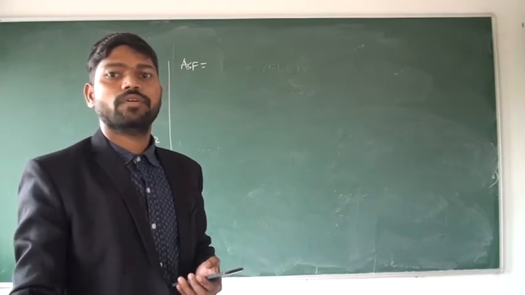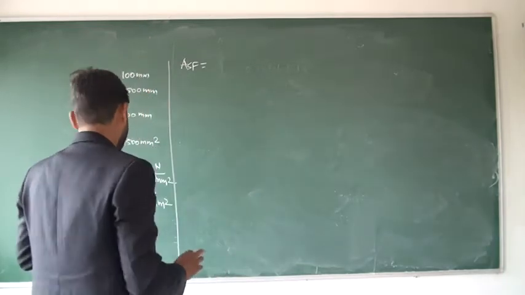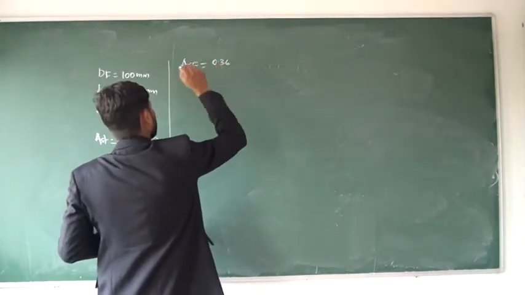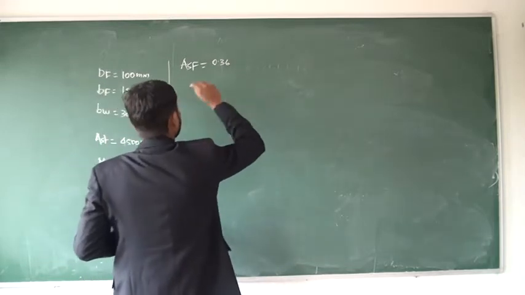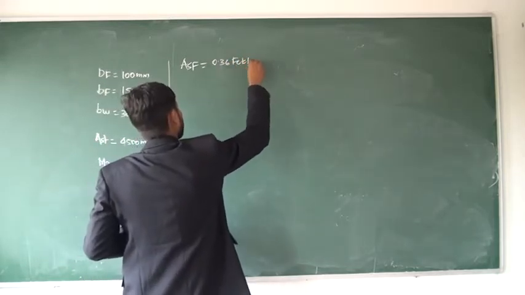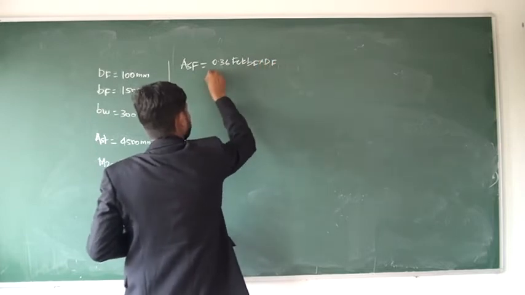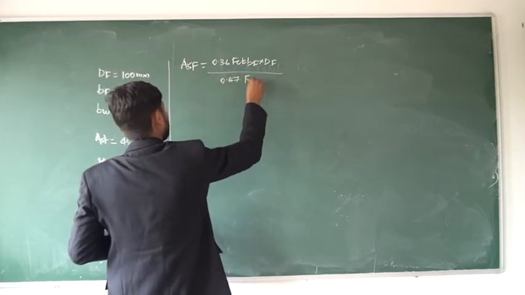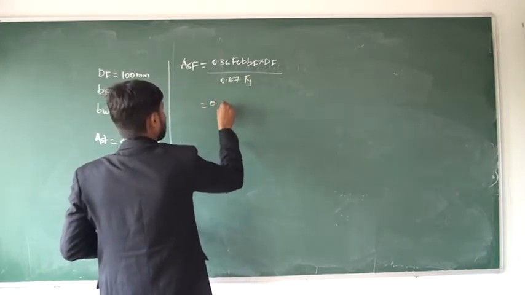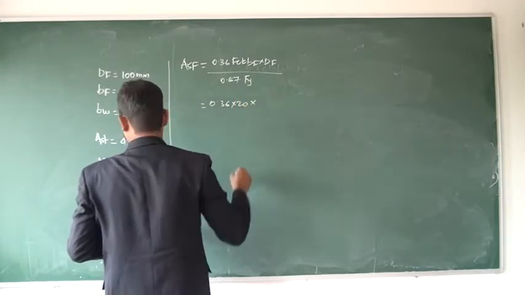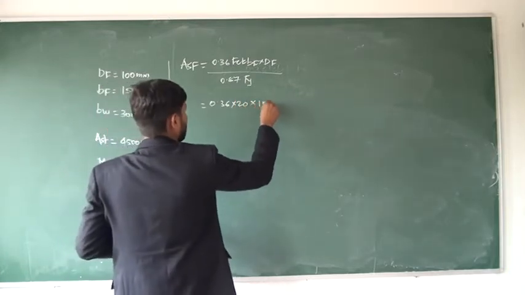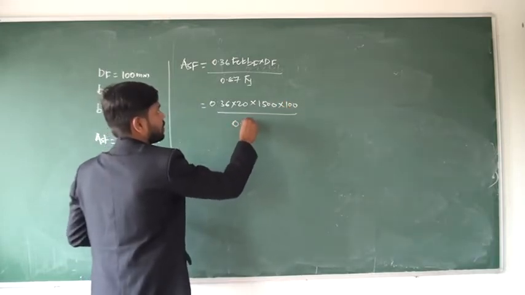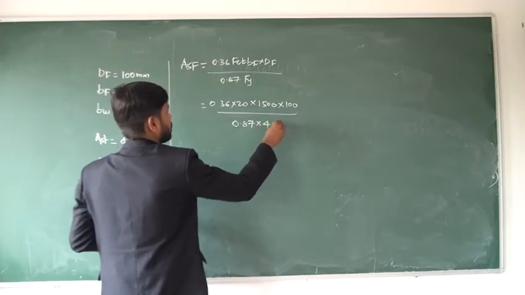ASF is 0.36 FCK BF into DF divided by 0.87 FY. 0.36, FCK is 20, BF is 1500 and DF is 100, 0.87 FY with FY as 415.